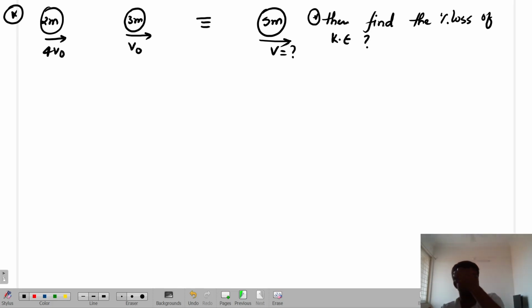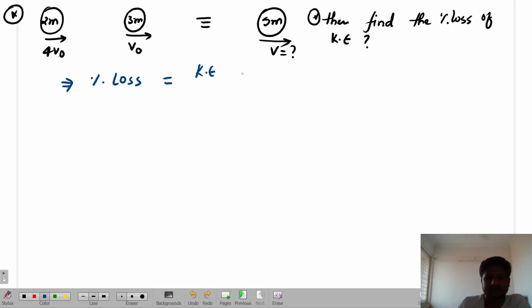Okay, so find the percentage loss of kinetic energy. That's what they have told you to find. So what is the meaning of percentage loss? That means there is nothing of loss or gain. If percentage is written, just do one thing. Find the final kinetic energy, subtract the initial kinetic energy.